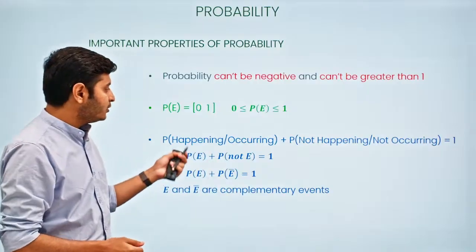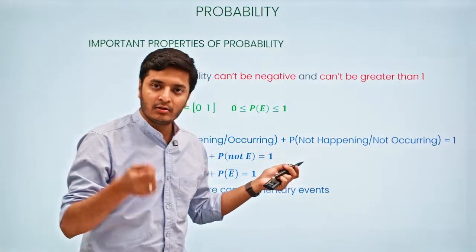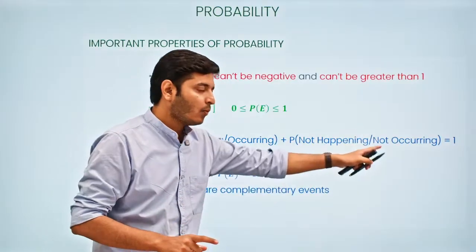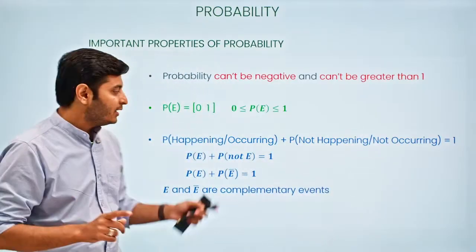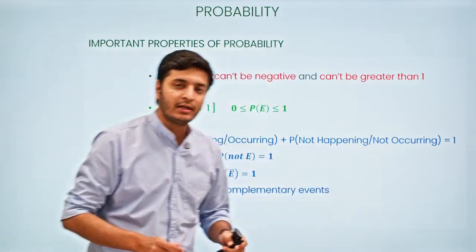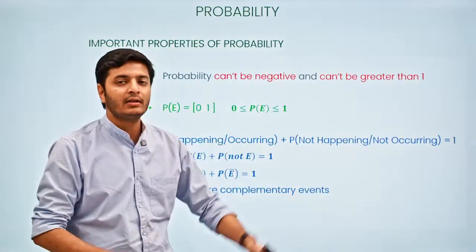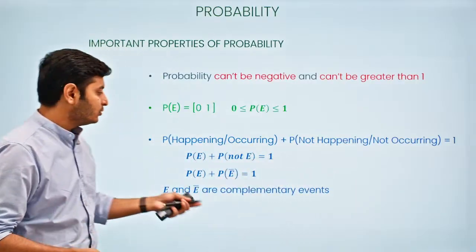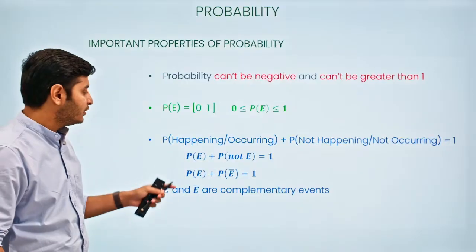So the probability of getting a head or not getting a head is always going to result in 1. For an event to happen or occur, plus not happening or not occurring, the probability will always result in 1 only.